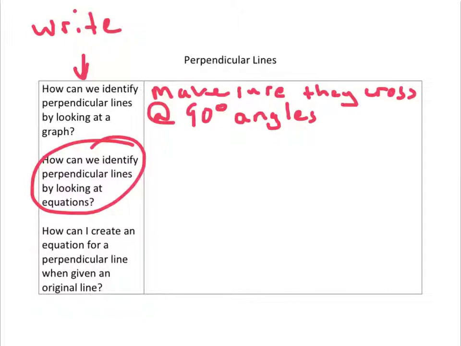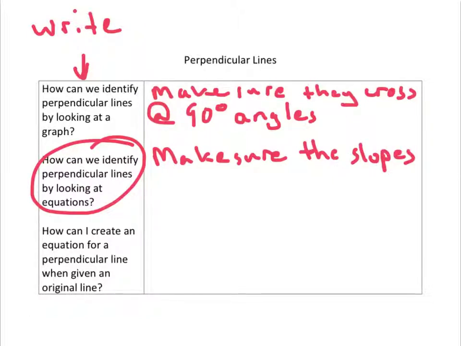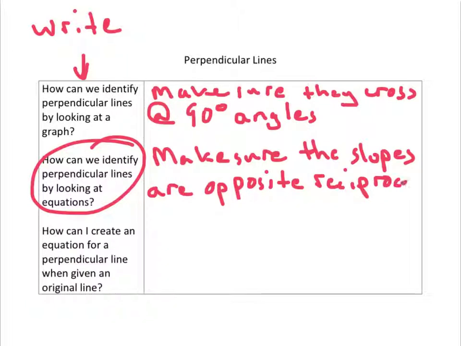So just by looking at the equations, you're going to make sure the slopes are opposite reciprocals.